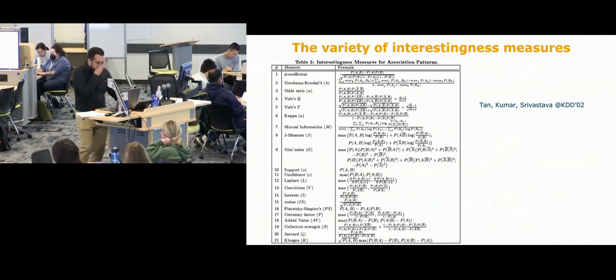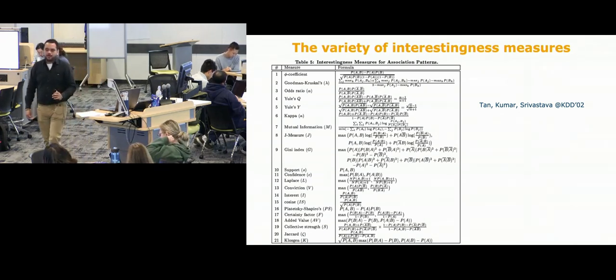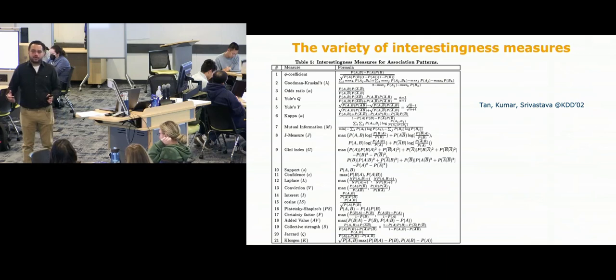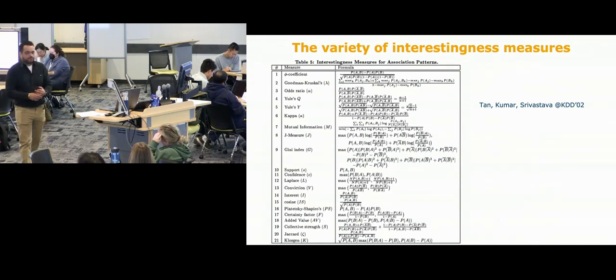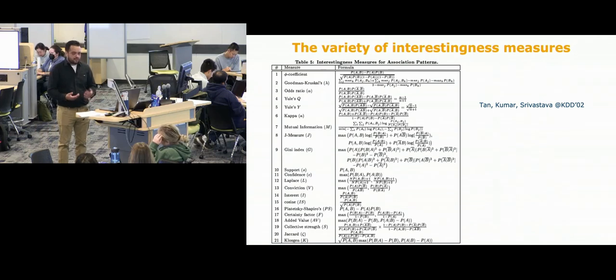So long story short, you could see that there are lots of ways to compute interestingness, and all of these measures have some advantages or disadvantages over the other. You could read this paper to read more about them, and they're all very simple to calculate. Two lines of code in Python should be able to do that.